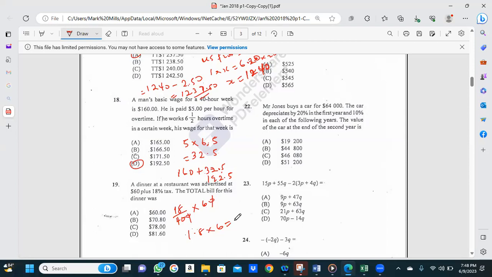We get 10.8. All right, so 10.8, now you add it to the 60, so it'll be 60 plus 10.8, which gives me 70.8. Sir, B. So the answer is B, yes. We clear?